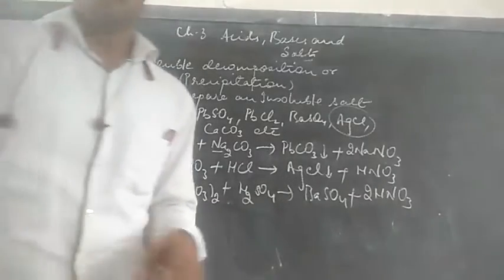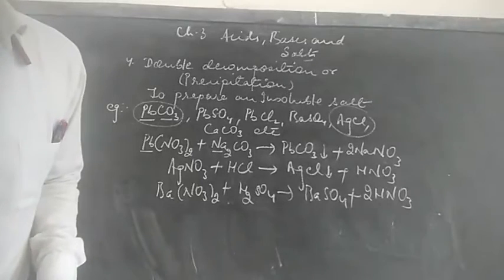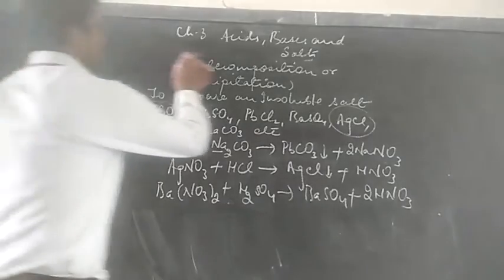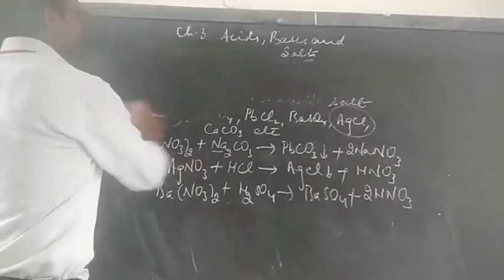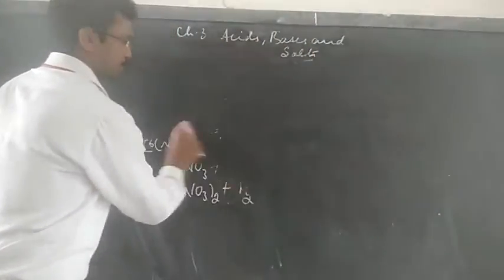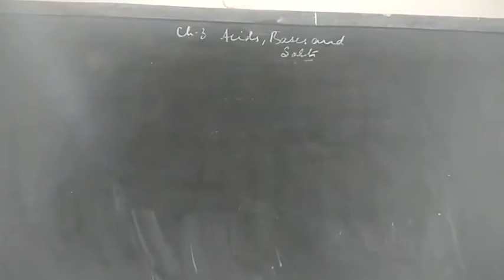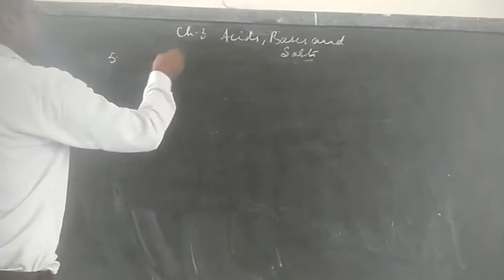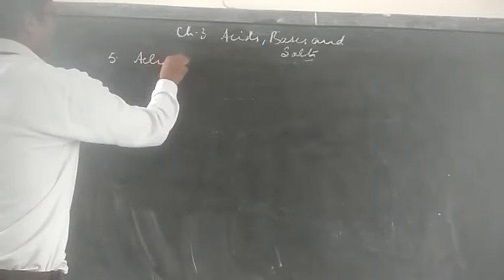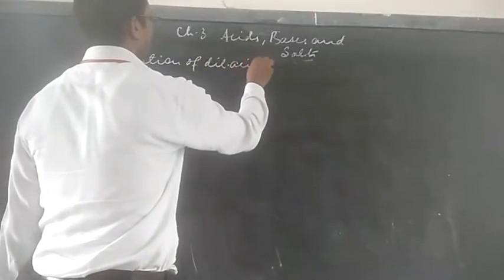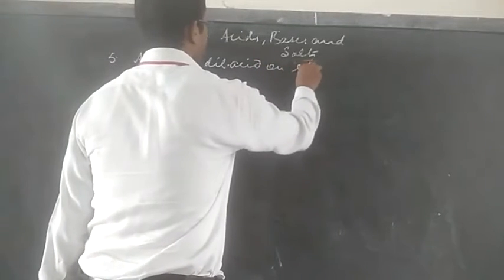Let us now move to the next method to prepare another type of salt. The next method is the titration method, which is the action of dilute acid on a soluble base.